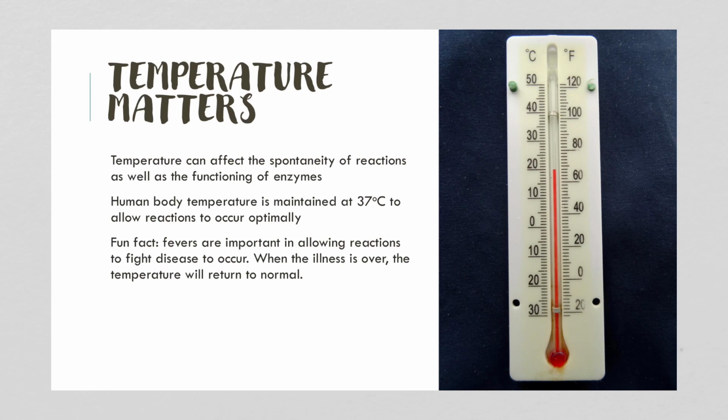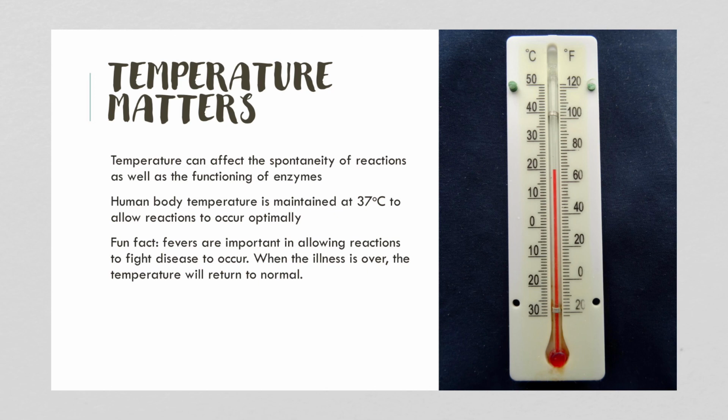And again, in biology, we learned this already, but temperature matters as well. Temperature can affect the spontaneity of reactions, and it can also affect the functioning of some of our enzymes. Our human body temperature is maintained at around 37 degrees Celsius to allow reactions to occur optimally. And a fun fact, fevers are important actually in allowing reactions to fight disease to occur.